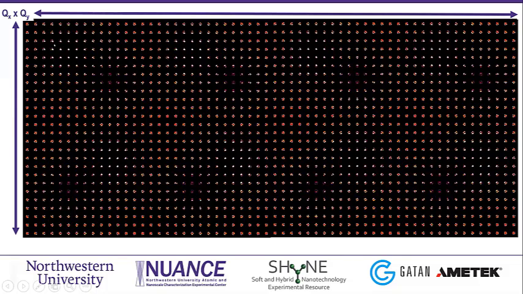So if you scan your probe across your region of interest, you create this mesh or matrix of convergent beam patterns that you could use to extract all the information that I showed in the beginning, right? You just have to learn how to extract that.